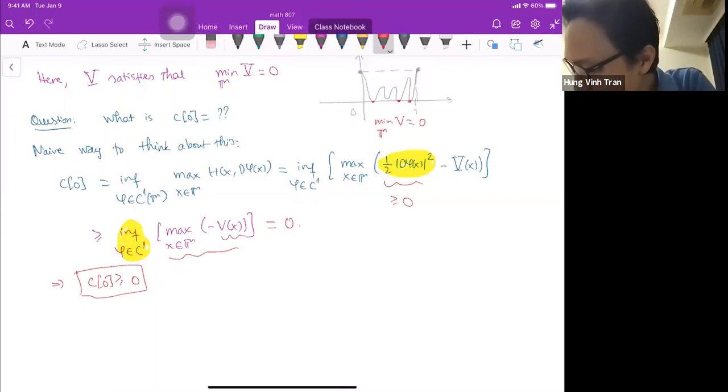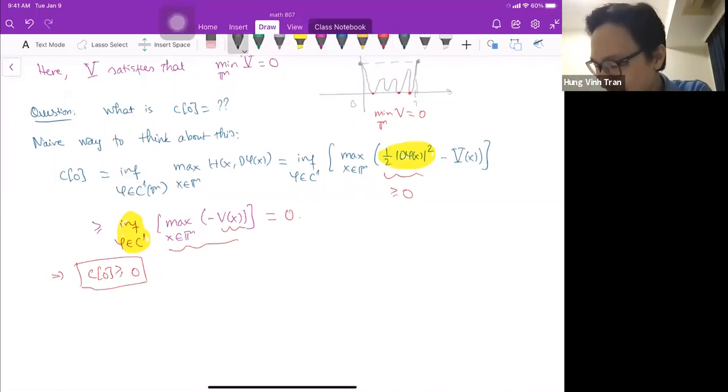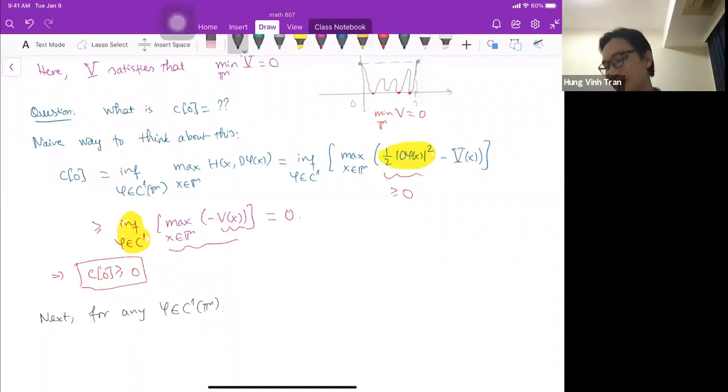So that was good. Next, for any phi that is in C1 of the torus, I'm trying to see what is happening. So how should I deal with it?